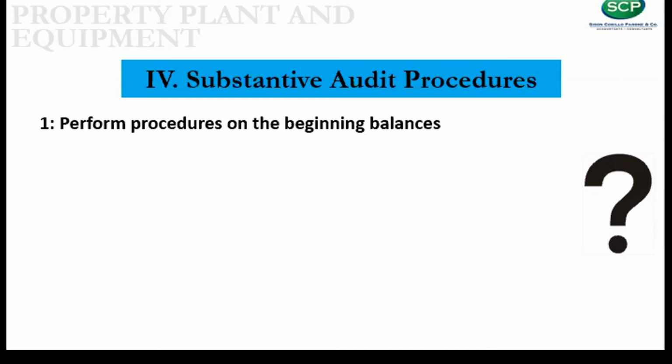Verbal representation about the appropriateness of the beginning balances, especially if such balances are considered significant in your audit, cannot be deemed sufficient evidence to determine the propriety of those balances.